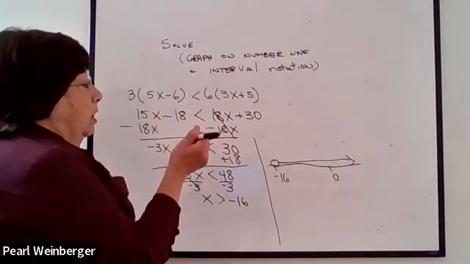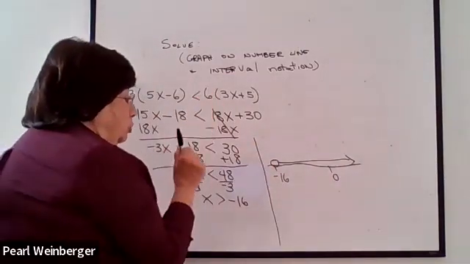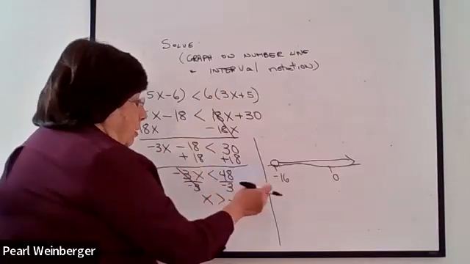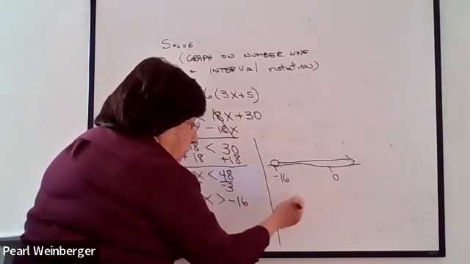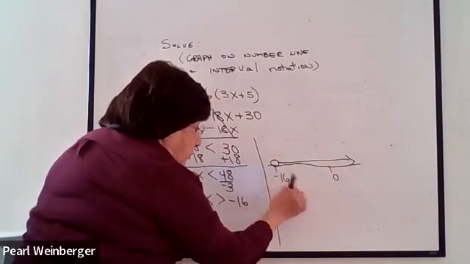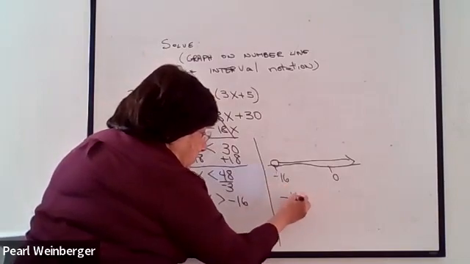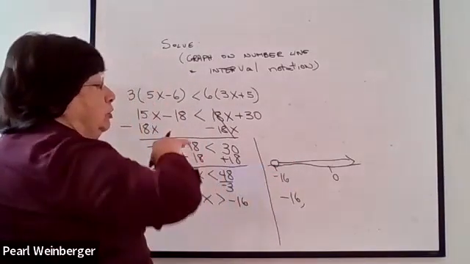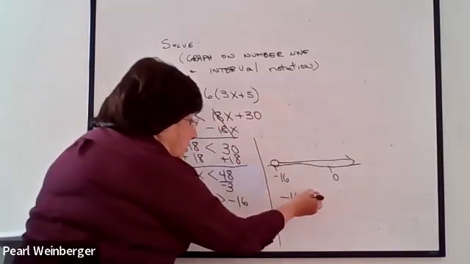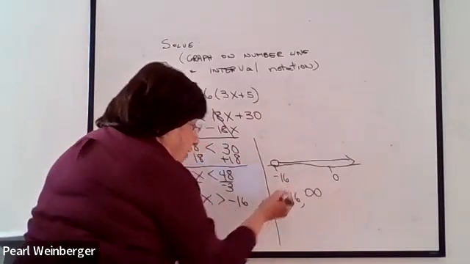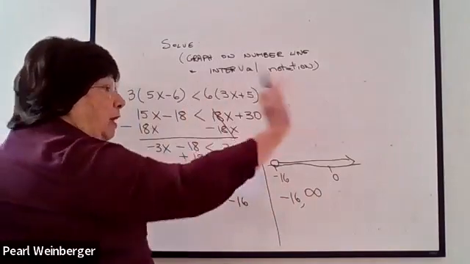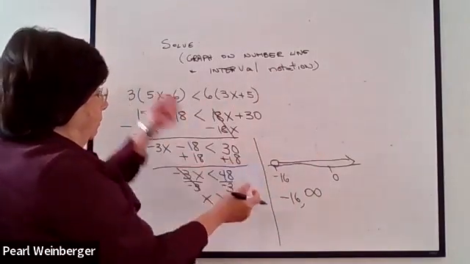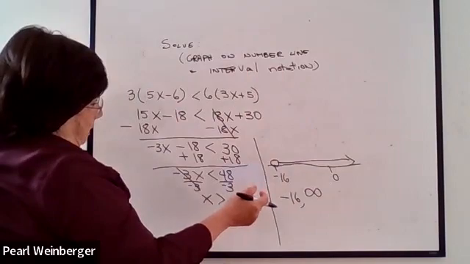In terms of interval notation, now remember, our intervals go from left to right. So the start of our interval is going to be -16. And it's going to go all the way to the right, which is till infinity. Remember, to the right is positive infinity. If you're coming from the left, you're starting at negative infinity.